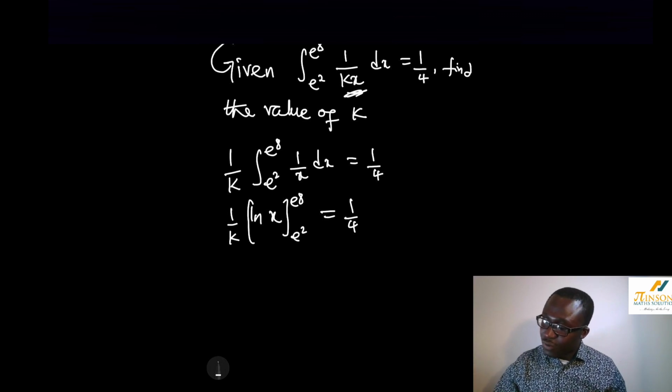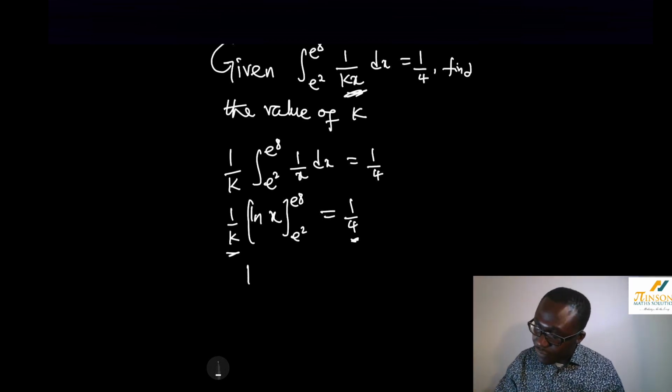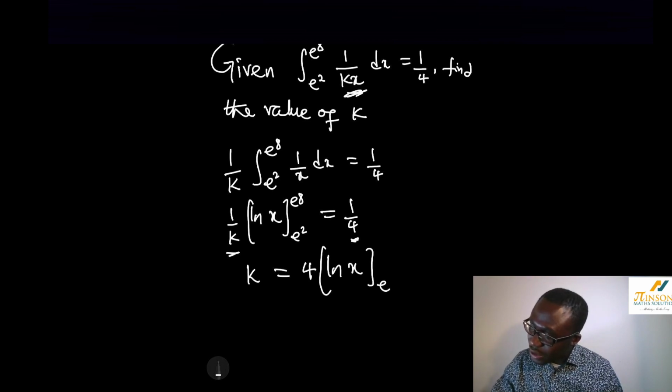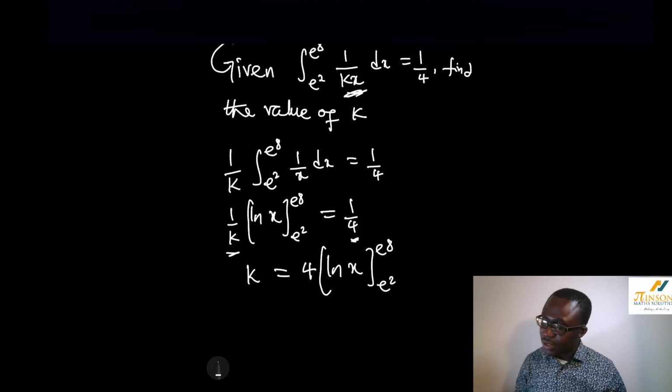Okay, so of course I've got k in the denominator and I've got 4 in the denominator. I can see that if I multiply both sides by k and I multiply both sides by 4, I can have the k on its own. So I could have k equals 4 natural log of x. Remember, I'm here to sub in e squared and e to the 8. Okay, so I'll sub in e to the 8 first and then sub in e to the 2.